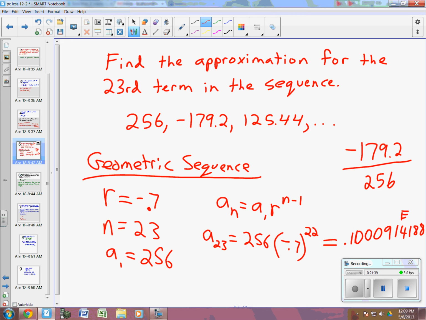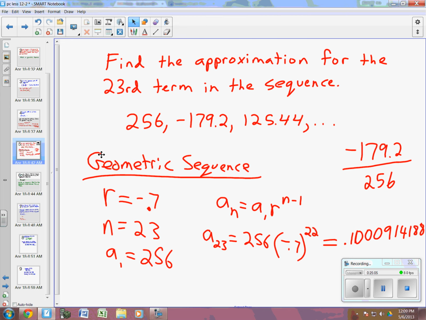Really? Oh, I was thinking of a different problem. Well, there's your answer. Okay, no scientific notation. It's a small number, right? Think about it. It is getting smaller every time. It's alternating back and forth, negative, positive, because the ratio is negative.